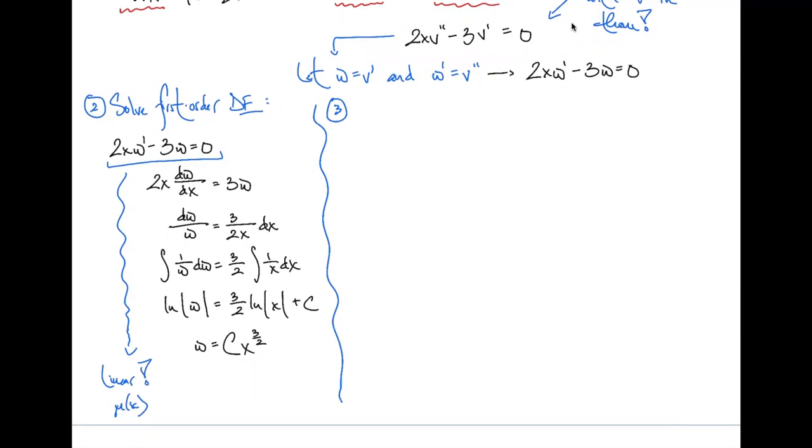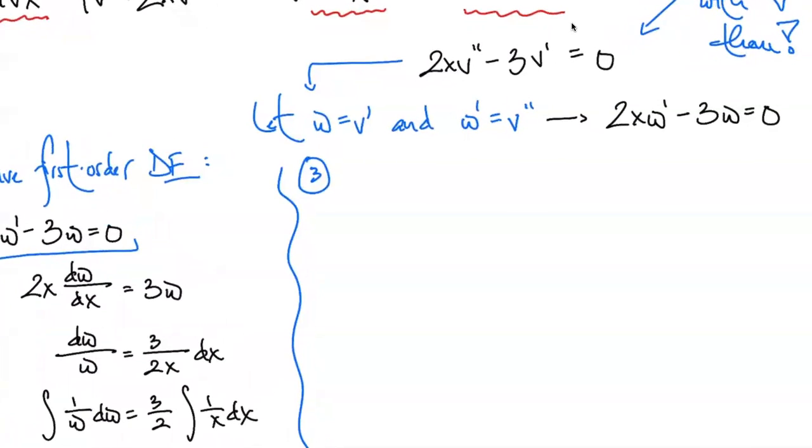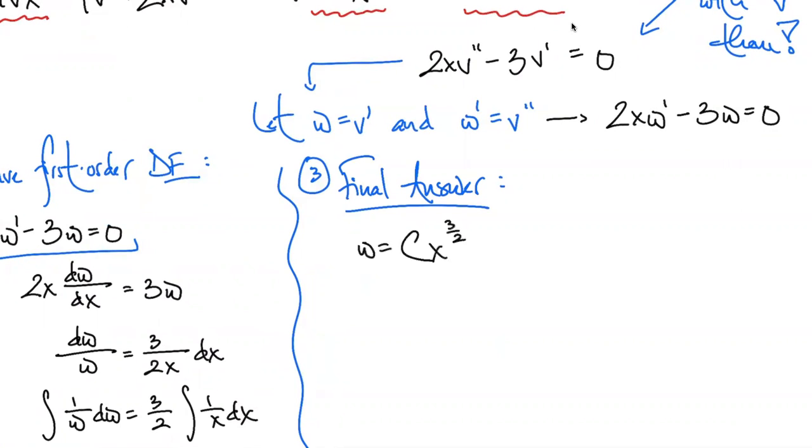So let's find our final answer. In this context, it often means we're going to unpack all of the substitution. We know that w equals c x to the 3 halves. We also know that w equals v prime. So v prime equals c x to the 3 halves.